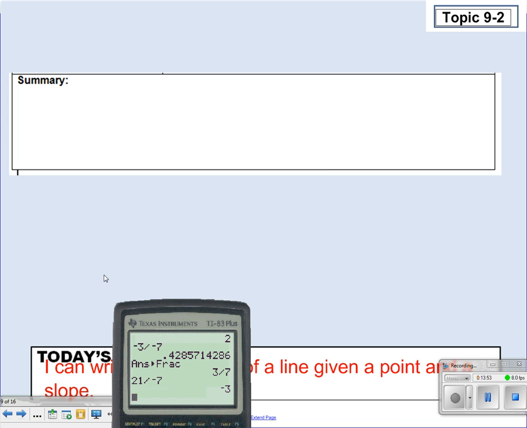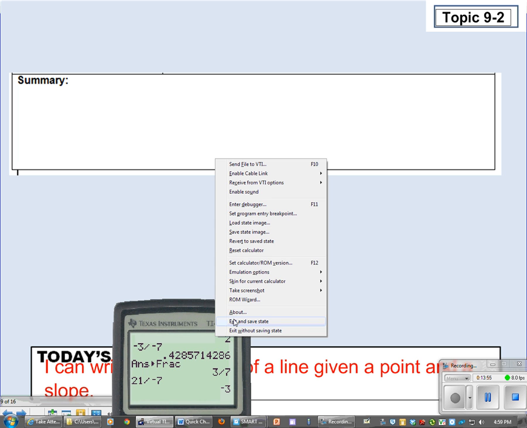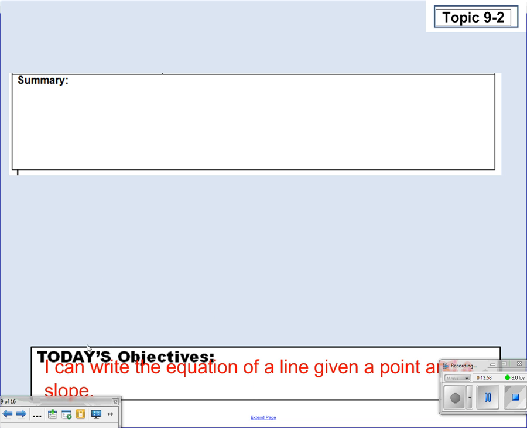Okay, our summary is going to be very similar to what we did yesterday. I can write the equation of a line given a point and slope by, okay, the only difference with the problems we did yesterday and today is that today we had to write the x-intercept as a point.